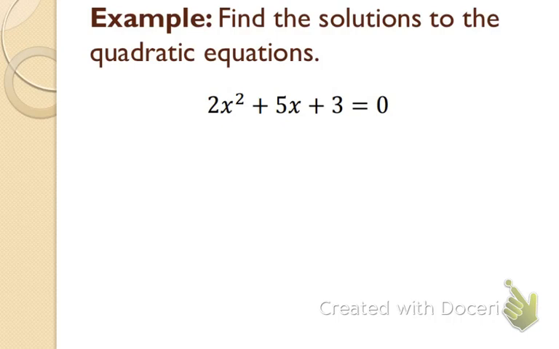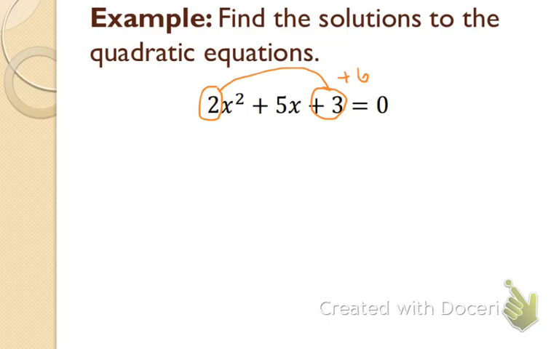Find the solutions to the quadratic equations. In this problem, we have a leading coefficient of 2, so we got to stop and think, okay, 2, 5, and 3. Is there anything they have in common? Is there any GCF, something we can factor out before we start? The answer is no. So next we move on to our AC method, also known as the headphone method.